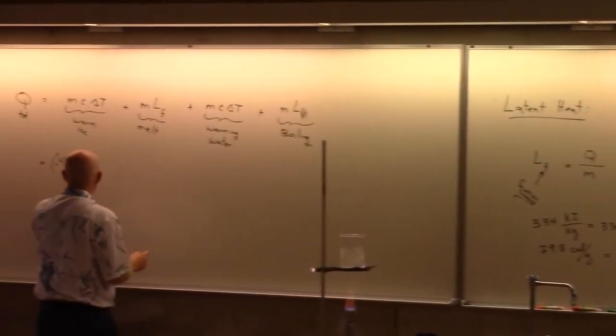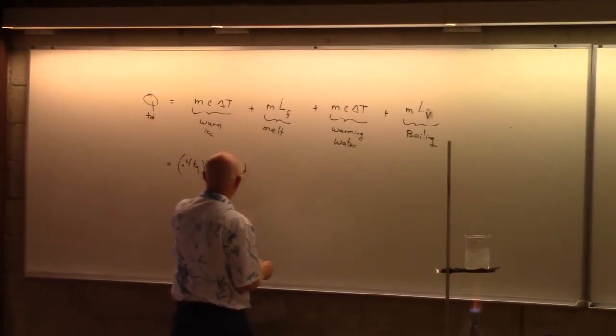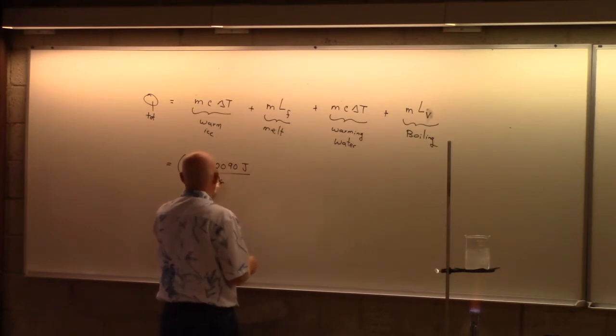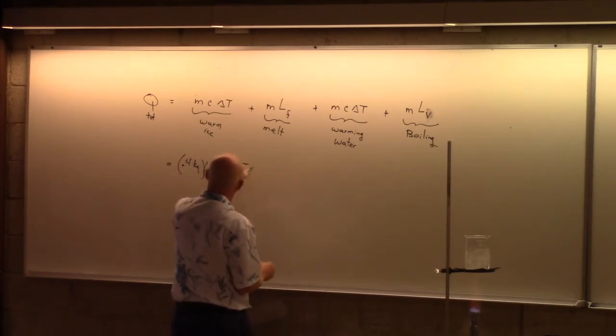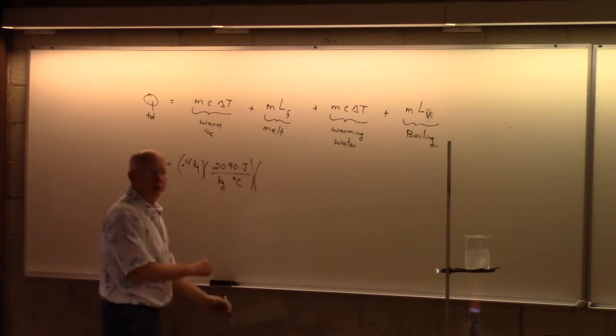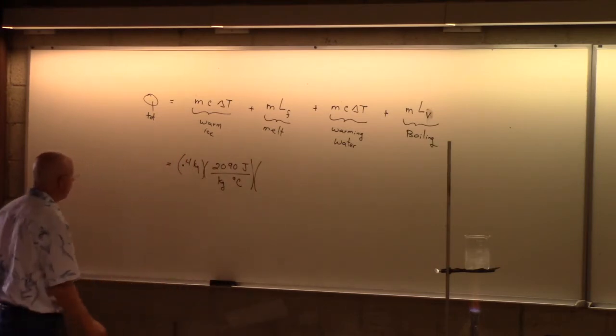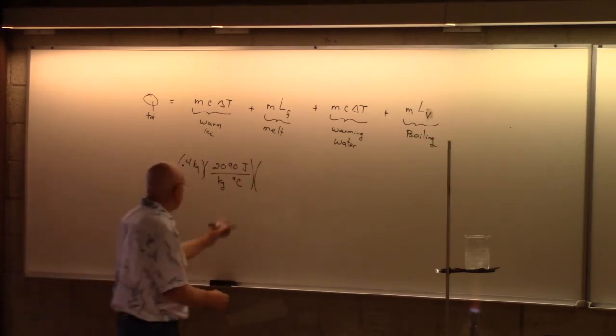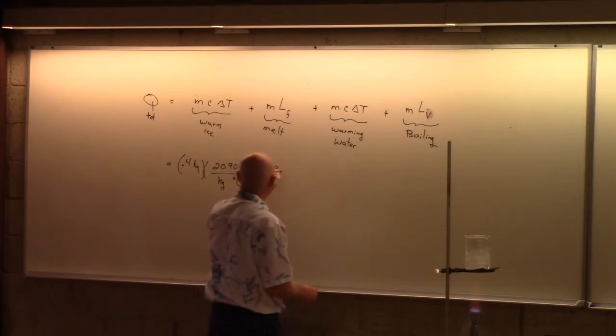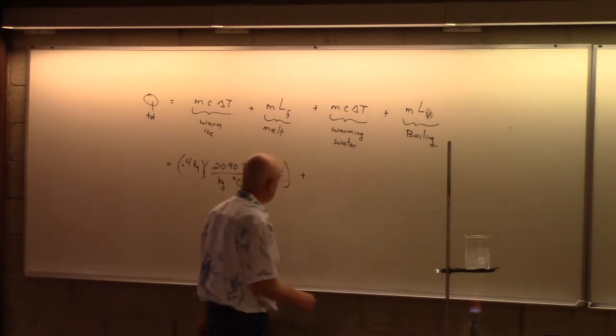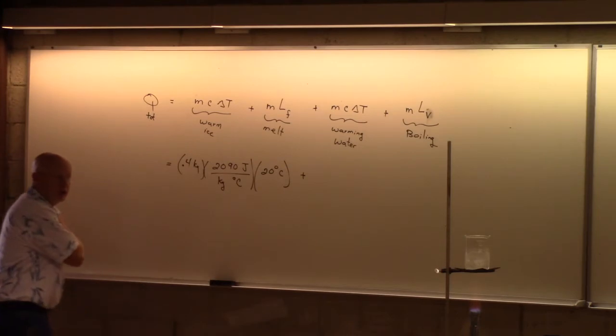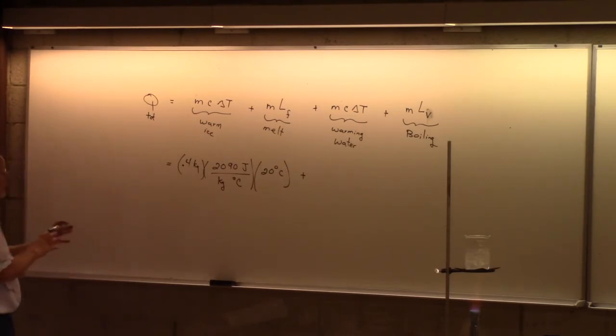So this would be 2,090 joules for each kilogram to warm up 1 degree. And of course, we're going to warm it up 20 degrees Celsius. So that would be my first term in my calculation: just how much energy did it take to warm up the ice?